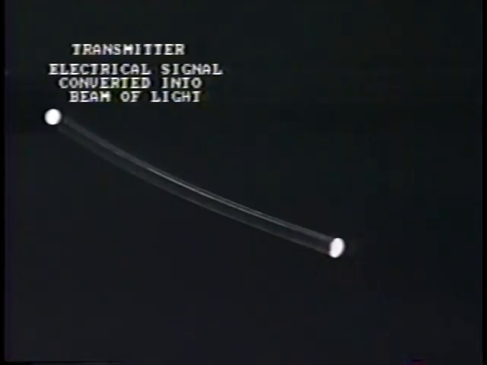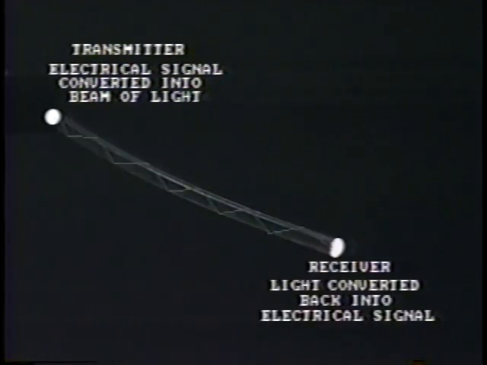At the transmitting end, the electrical signal, perhaps a tripping signal from a relay, is converted into a beam of light. This travels down the fiber like this. The signal is able to travel around bends, providing they are not too acute. At the receiving end, the light beam is converted back into an electrical signal to initiate action, say tripping of a breaker.